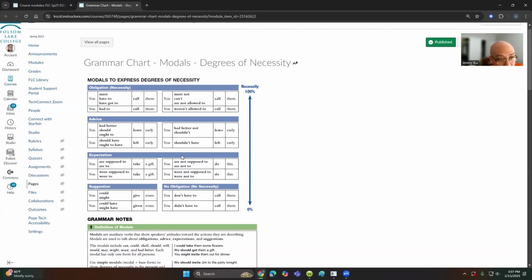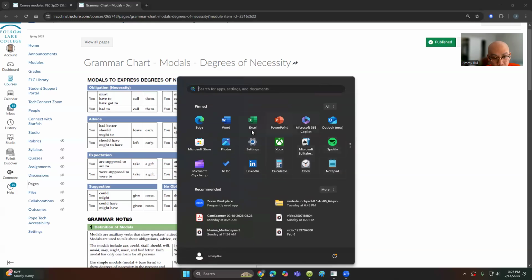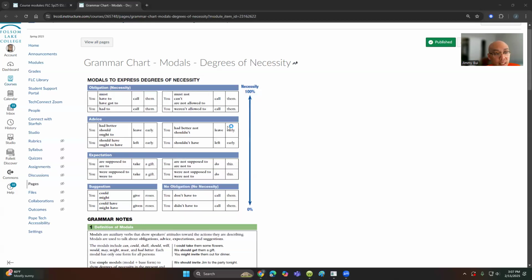And then when you have a modal plus have, so should have, ought to have, could have, might have, you're going to use the past participle, and that is to talk about an action in the past tense. So let's take a look here just to kind of give you some examples.